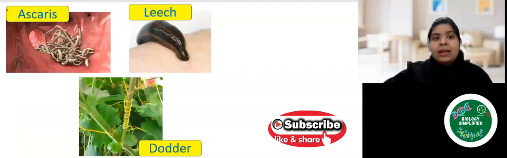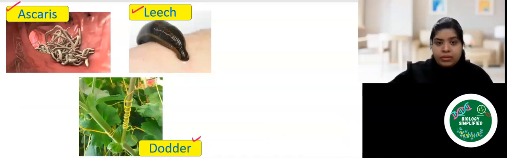The examples are Ascaris, leech, and dodder. They can be parasitic on either plants or animals. For example, Ascaris and leech are parasites on animals, and dodder is a parasite on a plant.